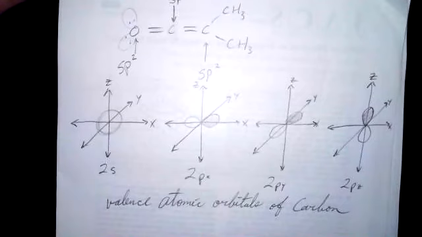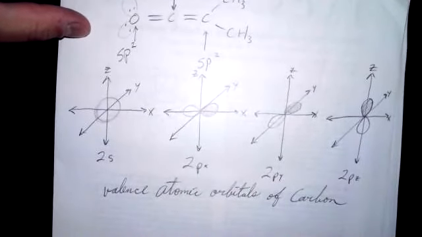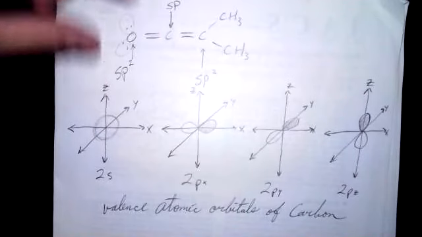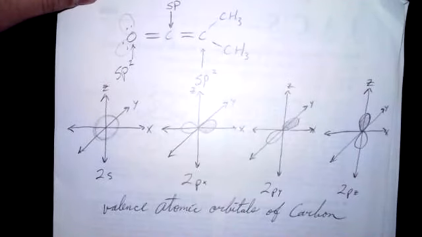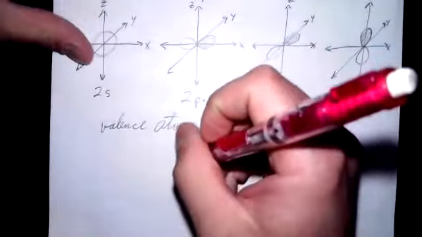Okay. And we can combine them in various ways, right? Hybridize them to make new hybrid orbitals. And that being said, let's turn our attention to this central carbon in this ketene and talk about the arrangement of the carbons. So scroll down here.